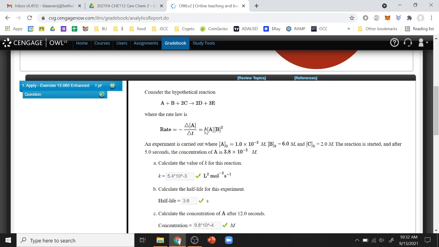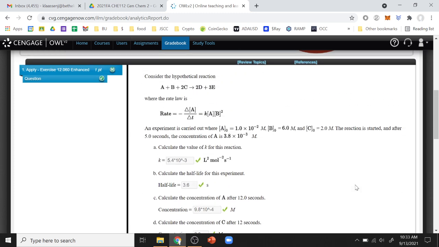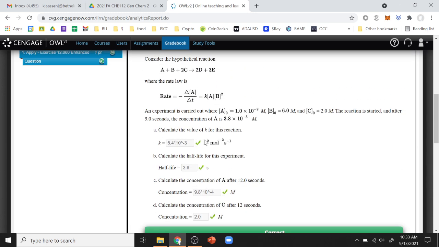That means you need to get rid of 2 of those, don't you? And then have a time in the bottom. So your units for this would essentially be molarity to the -2, seconds to the -1. Or another way of representing that would be liters squared, because liters would be on top now, if molarity is on bottom. Moles -2, seconds -1. Okay? Which it actually tells you right there.